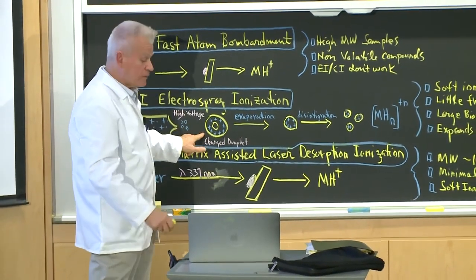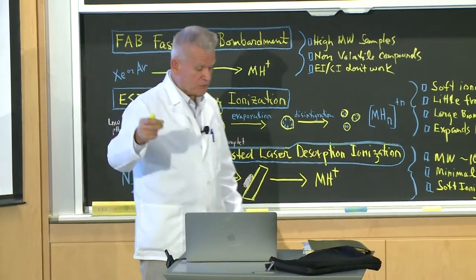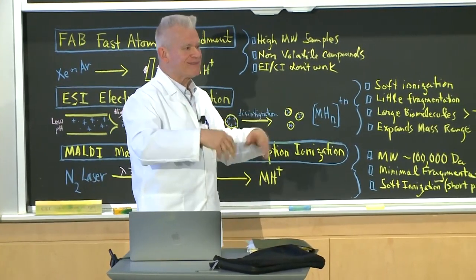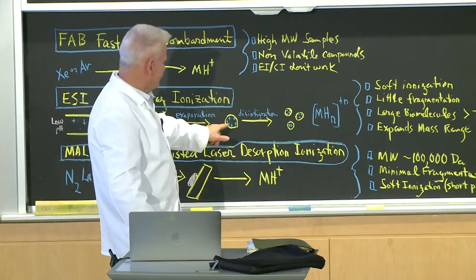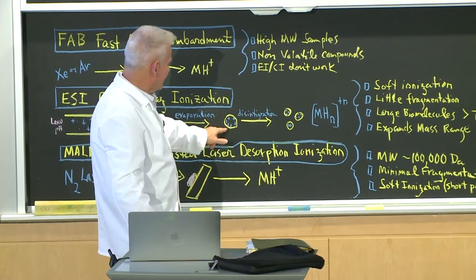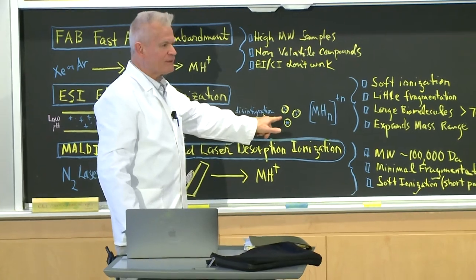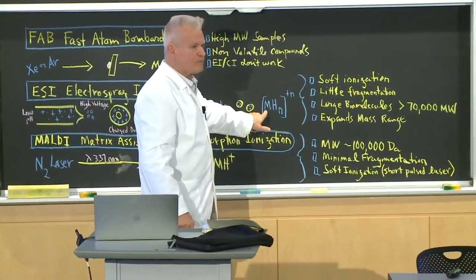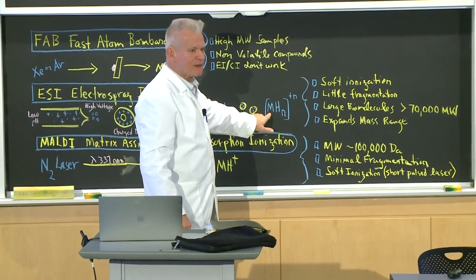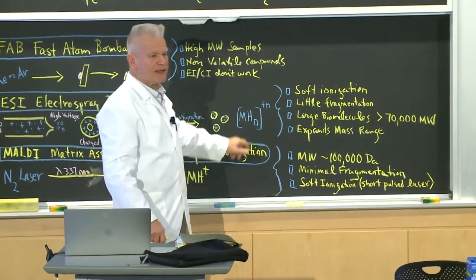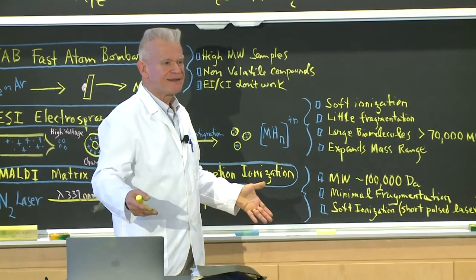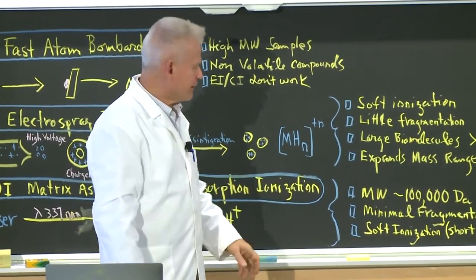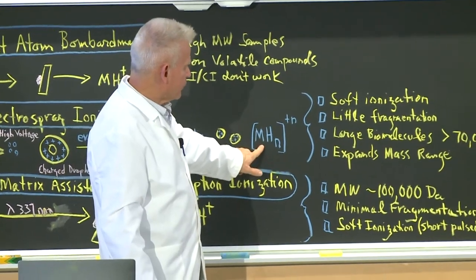And then we can take a stream of warm nitrogen gas and evaporate those down, and you get a smaller droplet, and then that disintegrates. And what you end up with are these multi-protonated molecular ion peaks. You could have an M+20. You could have 20 hydrogens on there, or 10 hydrogens, or a variety of numbers.